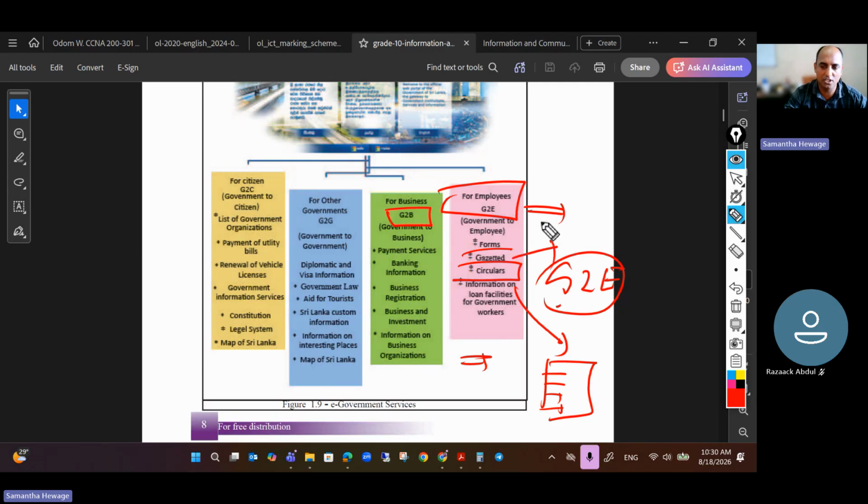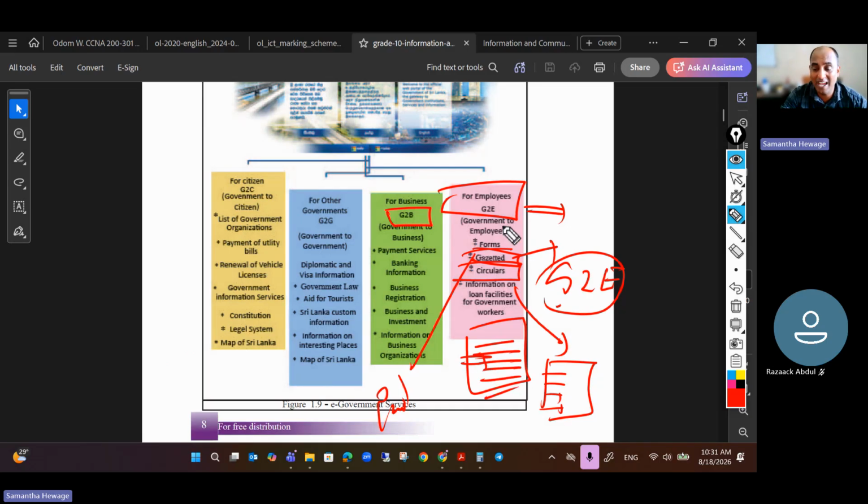They are releasing gazettes. This gazette will be approved by the parliament. After parliament approves, the gazette will be released to each and every government organization. According to those gazettes only, these things are happening.